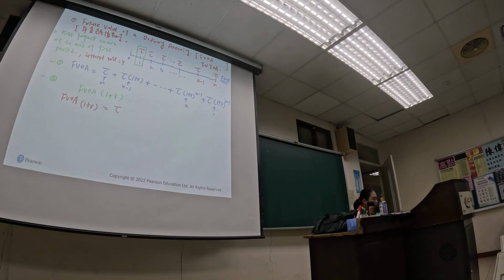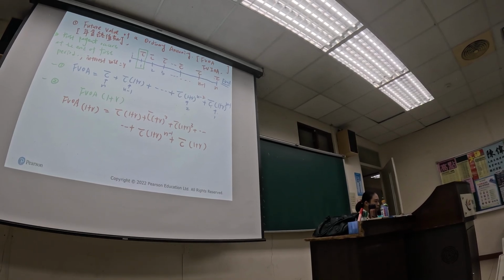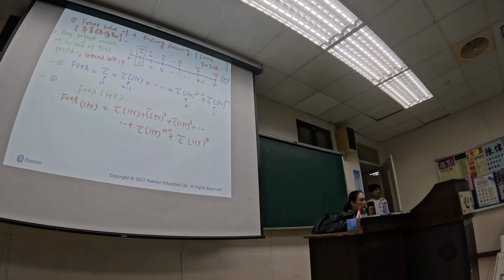And then the last payment becomes C times 1 plus R, plus C times 1 plus R to the power of 2, C times 1 plus R to the power of 3, and then the n minus 1 periods becomes C times 1 plus R, and the final one will be C times 1 plus R. I'm sorry, this is n minus 2, and then n minus 1. Here is minus 2, okay? So n minus 2, so here is n minus 1, and then finally n. Are we okay with that?